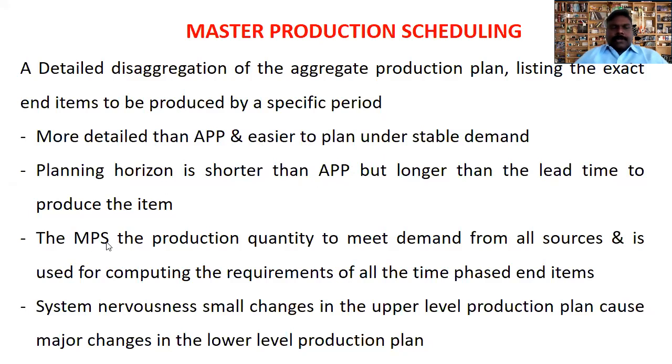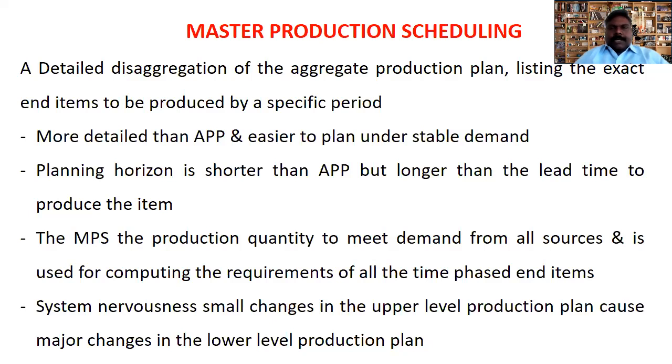The master production schedule sets the production quantity to meet the demand from all sources and is used for computing the requirements of all time-phased end items. End items are the finished goods, the output of our production.